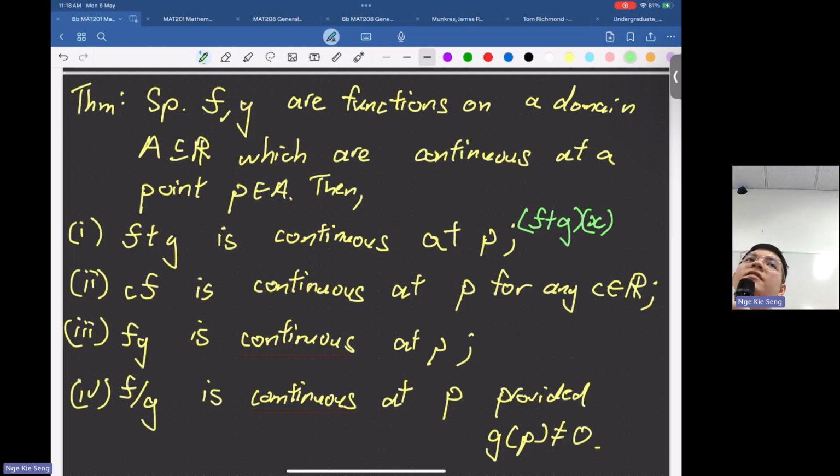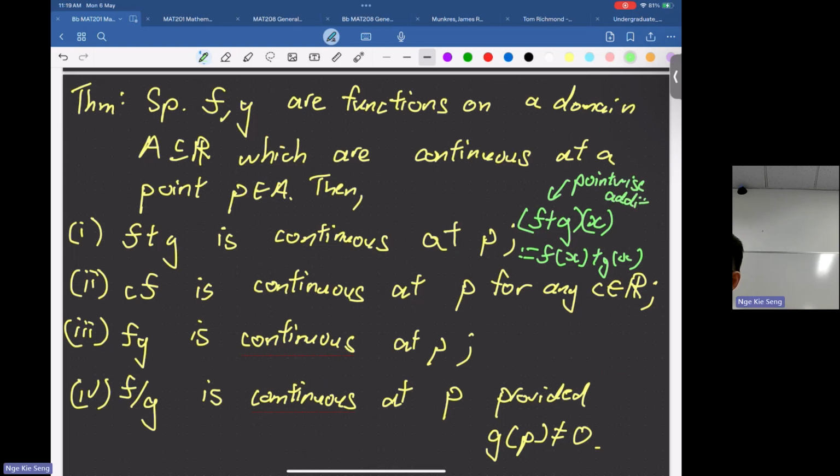I simply take f(x) plus g(x), because I know what happens if I apply x to f, and what happens if I apply g to x. I just add the values up. So this is what we call pointwise addition.